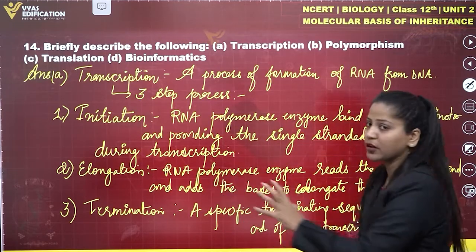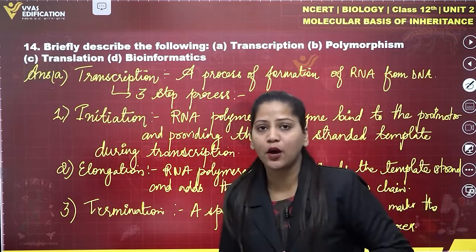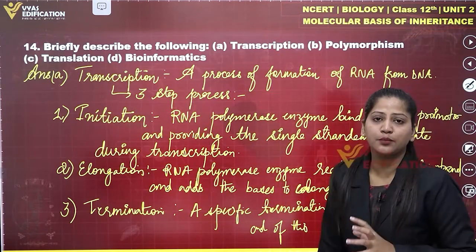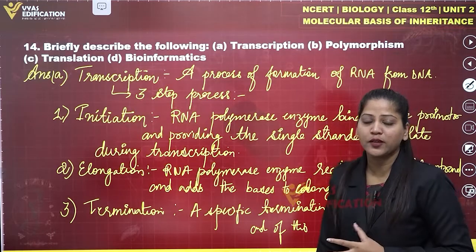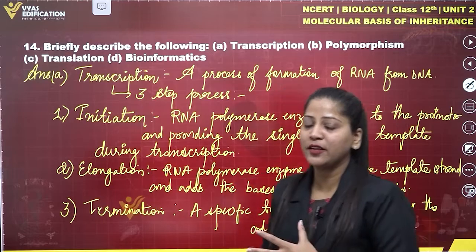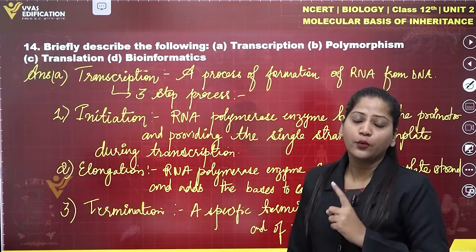So this is the description of part 1 or part A of this question number 14. We have described the transcription process, which is a 3-step process. We have covered all 3 steps of this process. This is the complete solution of part A of question number 14.